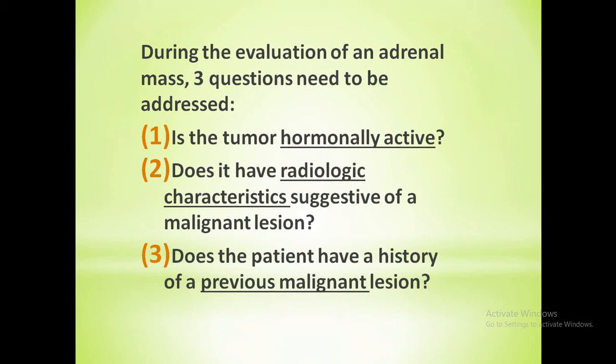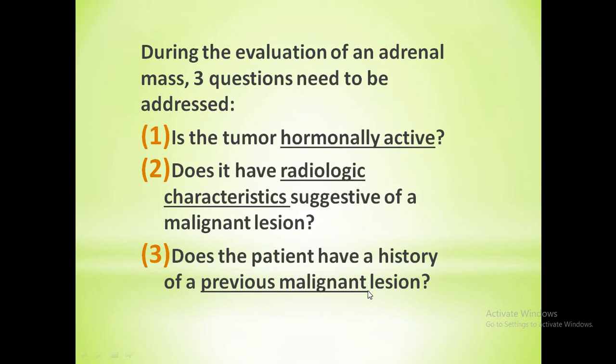So the evaluation: 3 questions have to be asked when you find an asymptomatic adrenal mass on a CT. 1. Is the tumor hormonally active? Is it secreting any hormones? 2. Does it have radiologic characteristics suggestive of a malignant lesion? So does it appear to be malignant on radiology? 3.